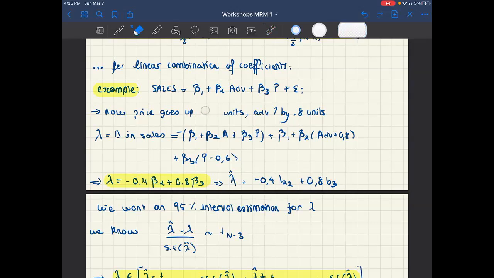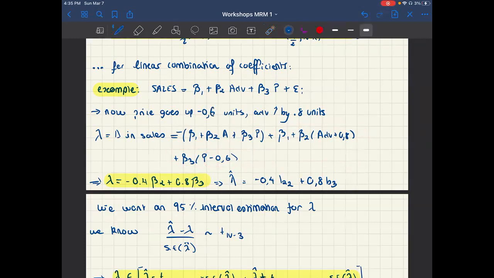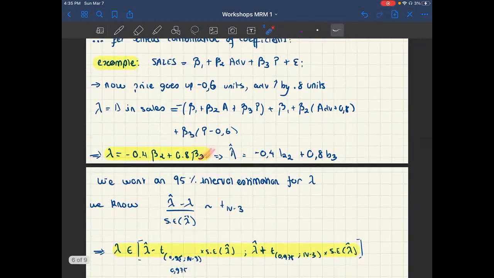The change in sales is going to be equal to what we have after, which is advertising plus 0.8 units and price minus 0.4 units, minus what we originally had before. And so that's essentially our change in sales, which is equal to 0.8 B3 minus 0.4 B2.